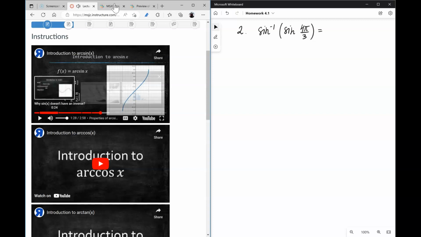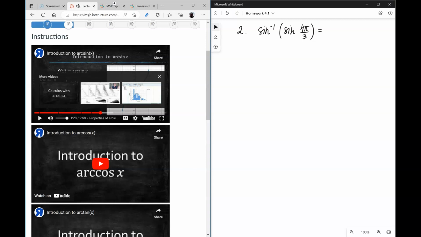The range of sine inverse is from -pi over 2 to pi over 2. So whatever this answer is, we can label it as theta. Theta must be between pi over 2 and -pi over 2. And sine of theta has to be equal to sine of 4 pi over 3.